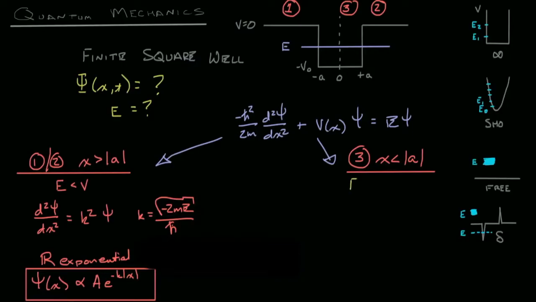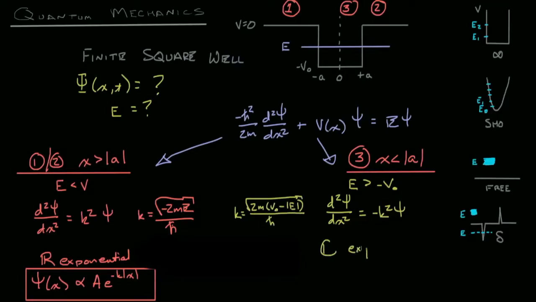Likewise, for region 3, we can say that E is greater than negative V naught, and this is the same type of solution we saw when we were looking at the delta well with an energy that was below the surrounding potential. With that basic information, we know that we'll have a minus k squared psi, which equals the second derivative of psi, and we know that solutions for equations looking like this have a complex exponential.